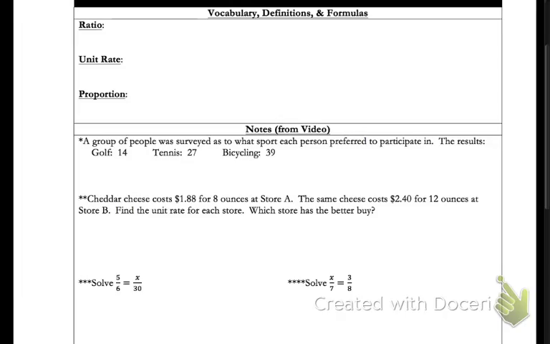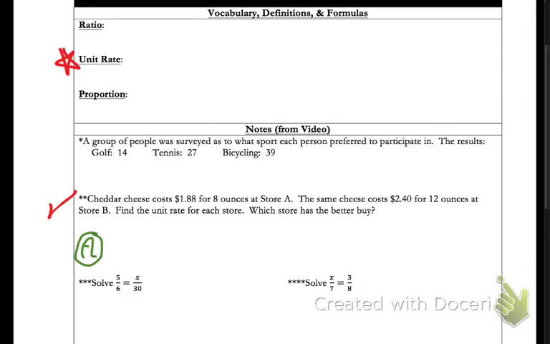So now that we've got that definition filled in the vocab part, let's go down to the second example in your notes. Cheddar cheese costs $1.88 for 8 ounces at store A, and the same cheese costs $2.40 for 12 ounces at store B. We want to find the unit rate for each store, so let's do that for store A. What we're trying to find is the cost per ounce.